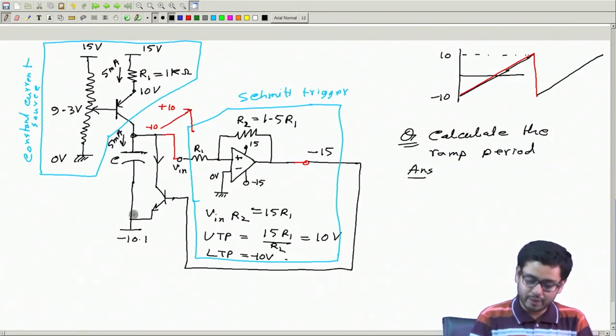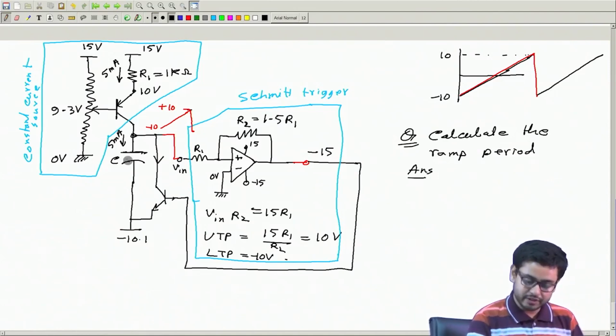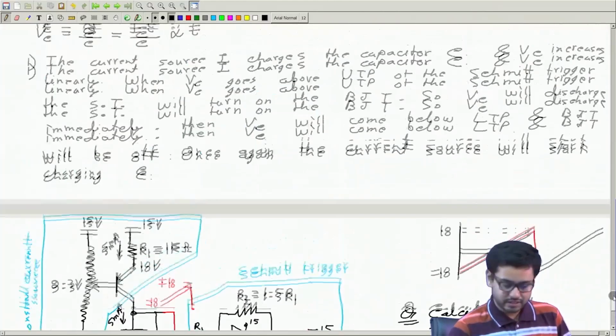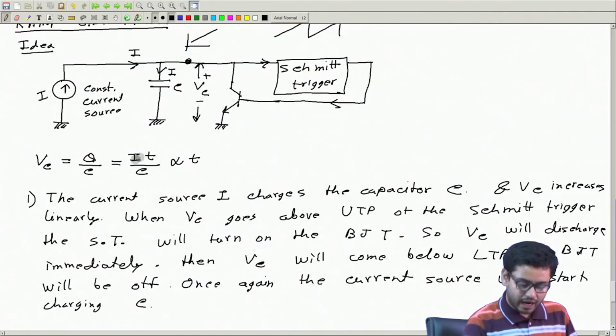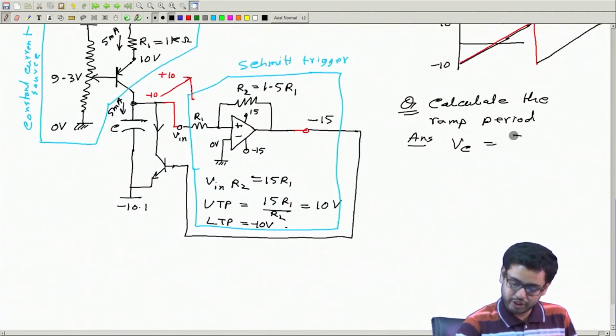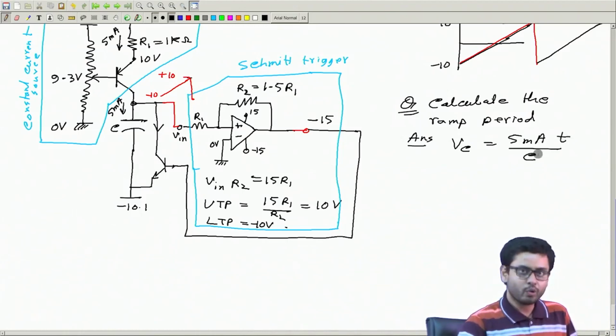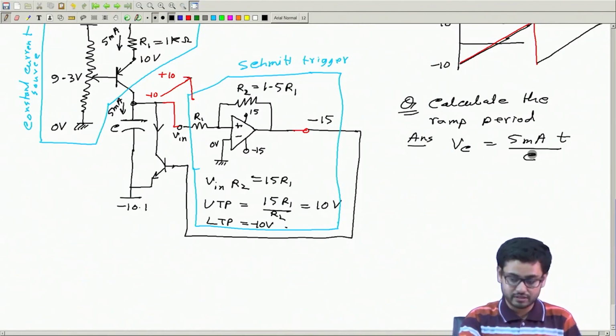If this is 5 milliampere, what can I say about the voltage Vc? Vc is, as we already have written, IT by C, so 5 milliampere multiplied by T divided by C, whatever is the value of this capacitor.